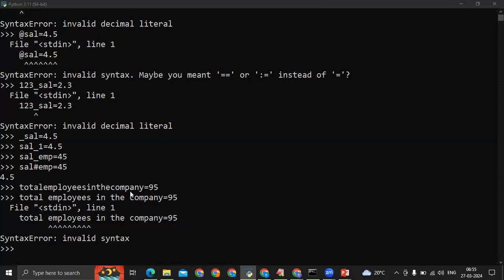Here, we have not given any space, so it is acceptable. What is acceptable? Special symbol underscore only, alphabets, and digits. But it should start with an alphabet or underscore only.